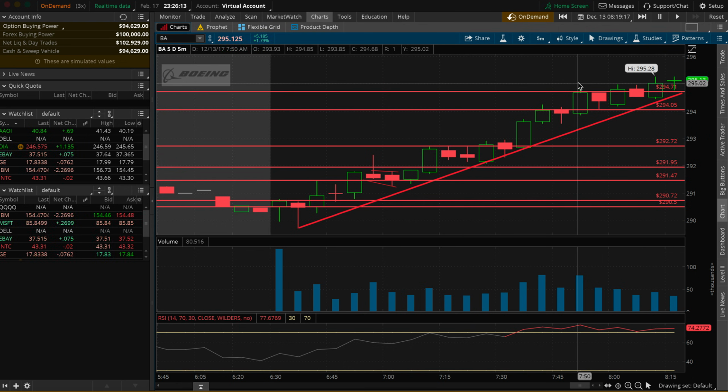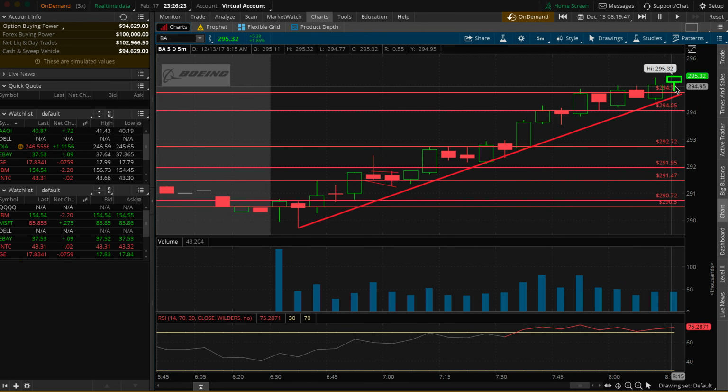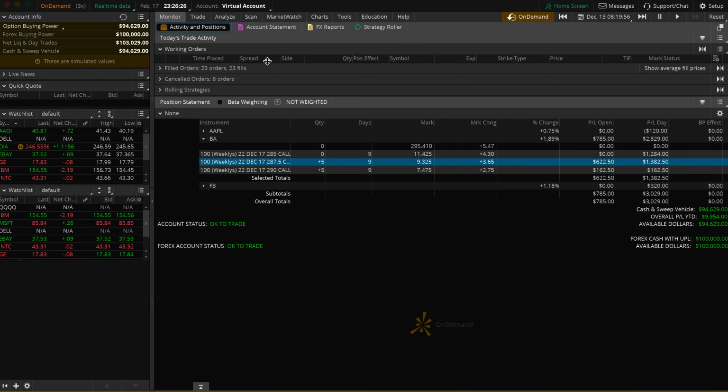Going green. That's a good thing. It hit the support. It's coming up. It's climbing up. That's a nice candle. 662, 175.